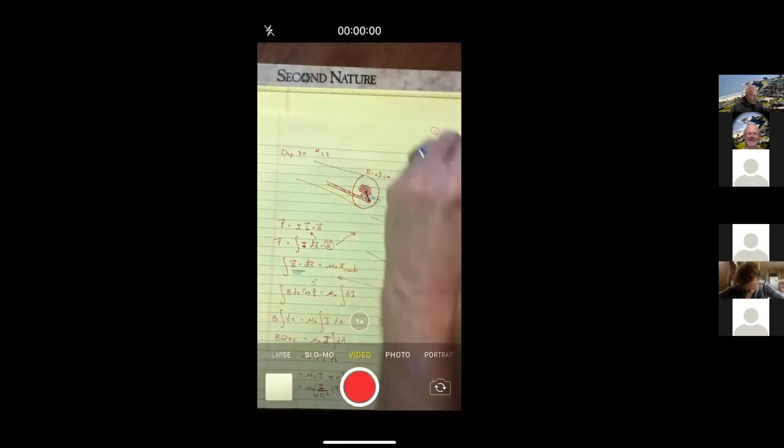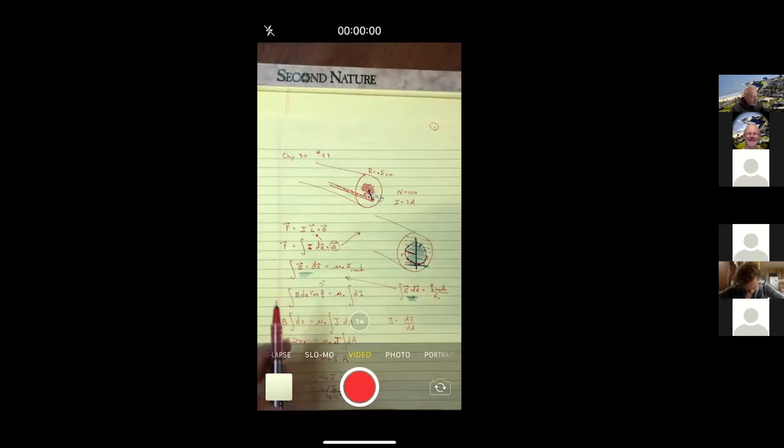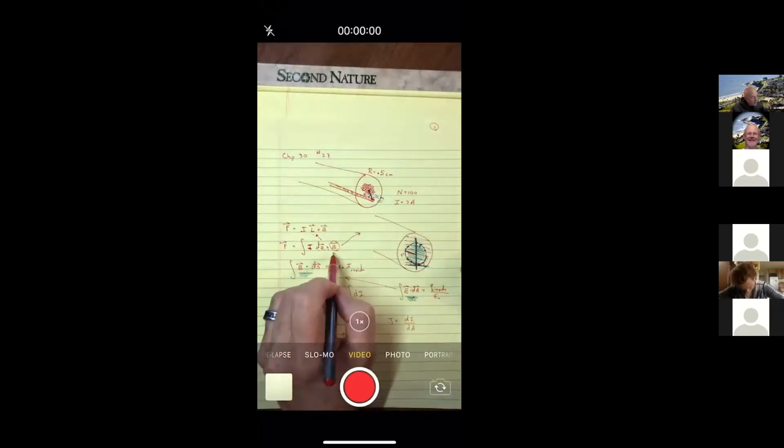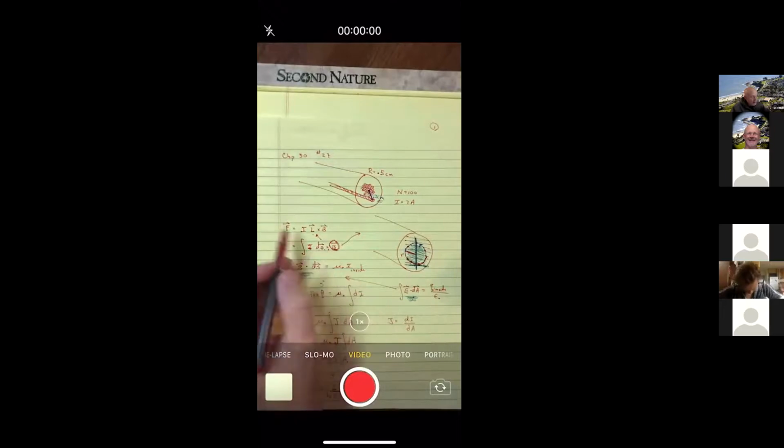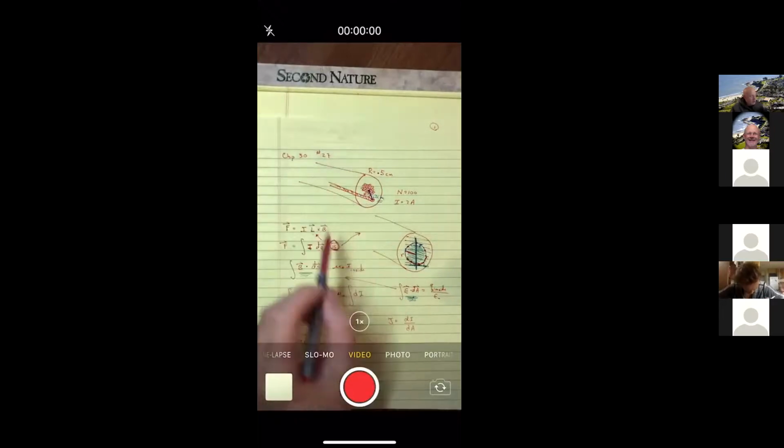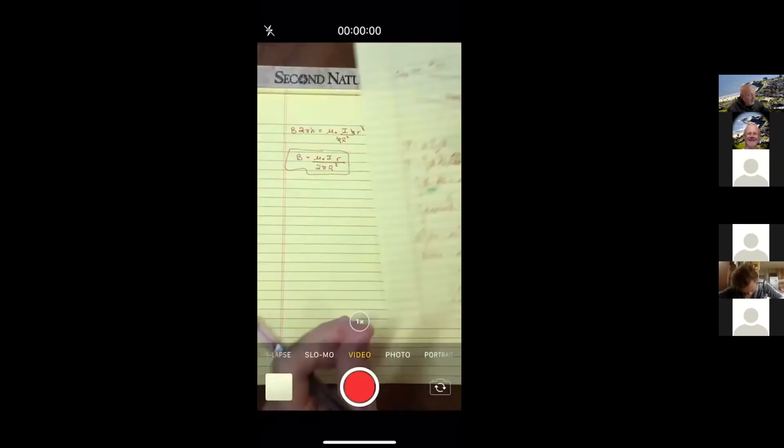And remember why we were doing this. We were trying to show that the magnetic field then has the same value and is at the same angle everywhere across here, so we could justify changing this integral into this form. And so I guess I would say I've just done that.